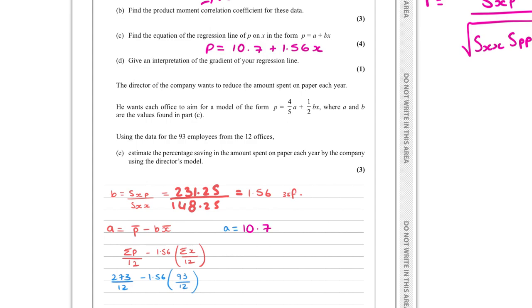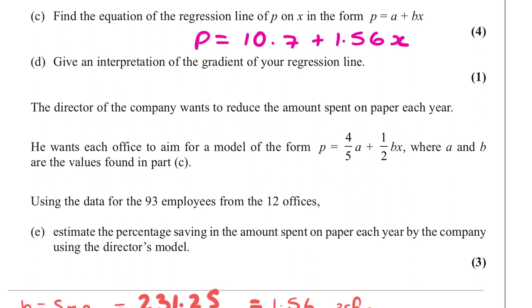It says, give an interpretation of the gradient of the regression line. Okay, we're interpreting this with context to the question. So what does the gradient mean, first of all? How steep? So for every one across, we go up 1.56, yeah?